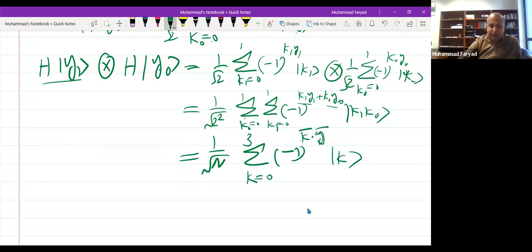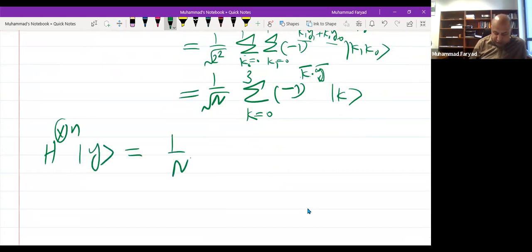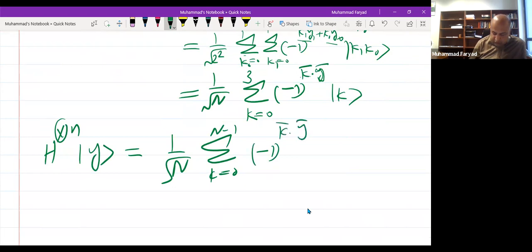Okay, so let me now generalize to n bits. If you have a Hadamard transform acting on an n bit number y, this is just equal to 1 over square root N, sum over k going from 0 to N minus 1, of minus 1 power k vector dot y vector into k. This is essentially again a uniform superposition, but now with the amplitude either plus or minus.